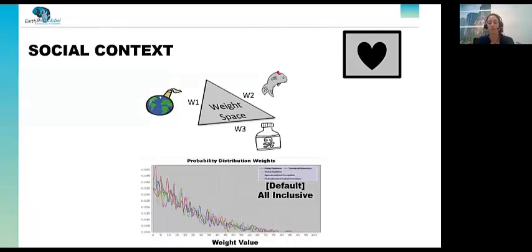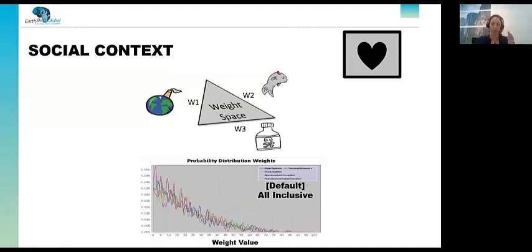So the idea is that by using this stochastic approach, we can cover that spectrum of value systems or opinions. Of course, if you think of this area, we can cut it, we can modify it, we can make constraints so that you represent priorities.